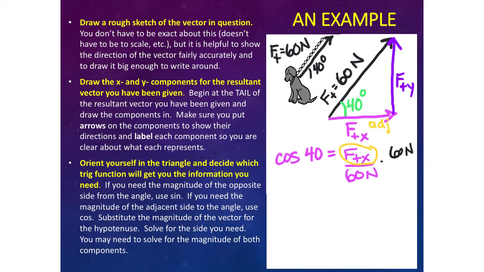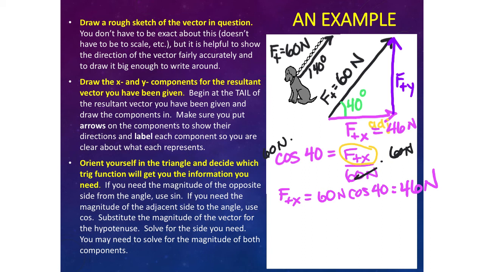That divides to 1, and I get ftx equals 60 newtons cosine 40. And when I do that math, I get like 45.96. I'm just going to round that to 46 newtons. Okay, so ftx equals 46 newtons.